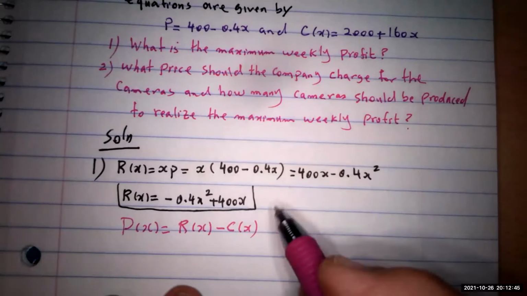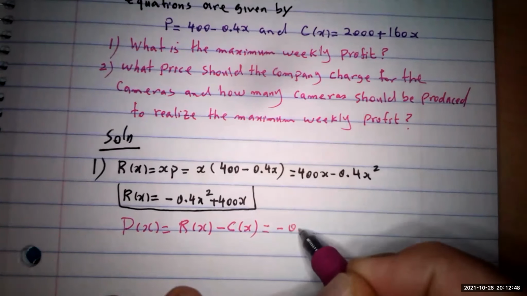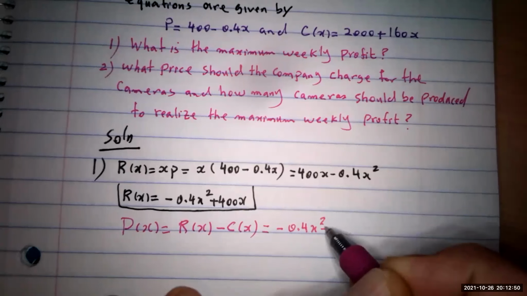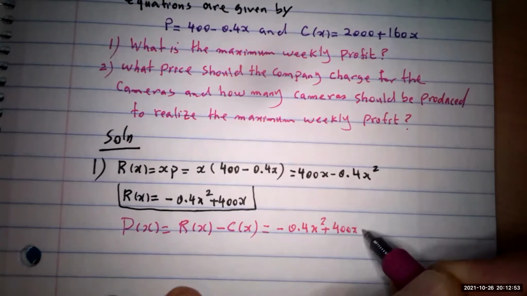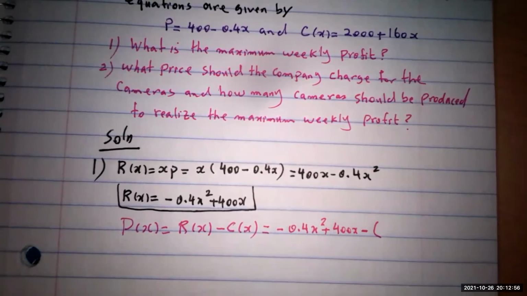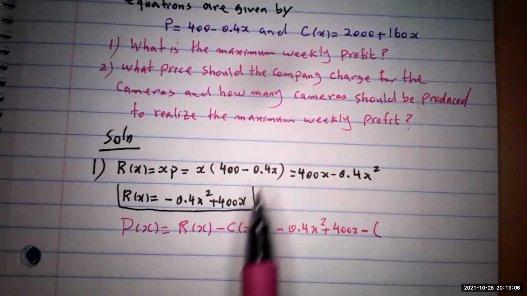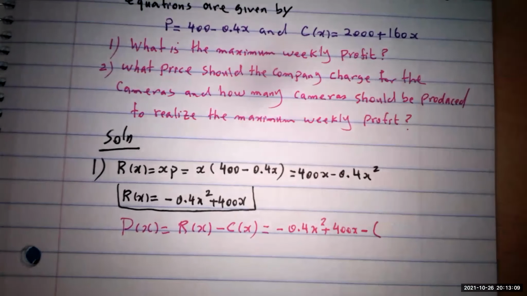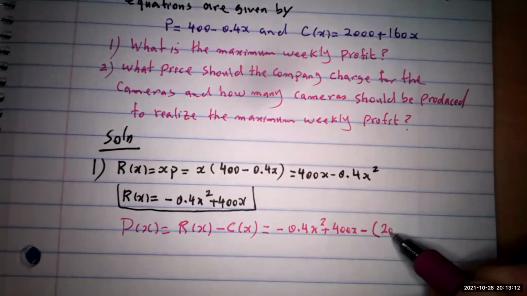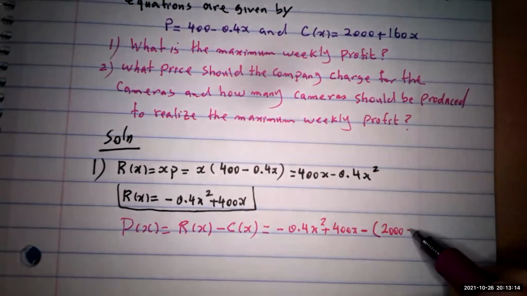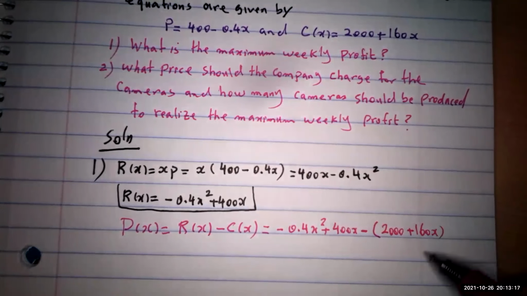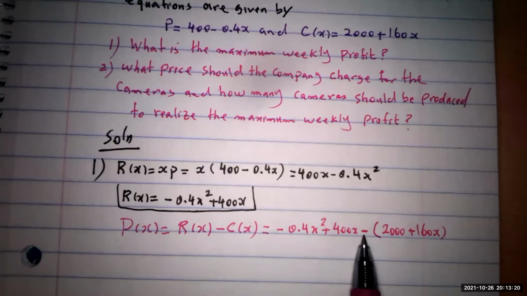So P of x equals negative 0.4x squared plus 400x minus, and you must open up the parentheses. Most people miss this one. They don't open up the parentheses and they miss a negative sign, and everything would be different. We bring the cost function, minus 2000 plus 160x. Apply this negative sign carefully to get your profit function.